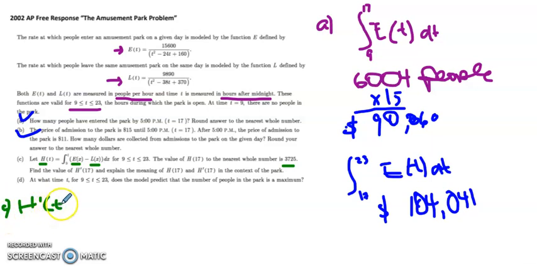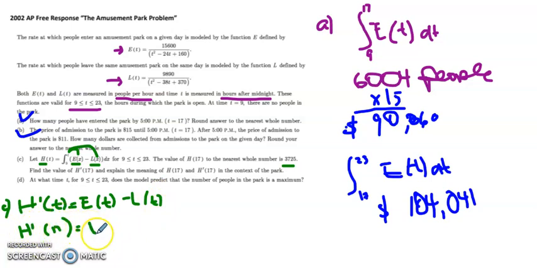H prime of t, using the fundamental theorem of calculus, I just have to plug in t into each of these x's. So H prime of t equals E of t minus L of t. And then they want to know at time equals 17. So H prime of 17 equals E of 17 minus L of 17.